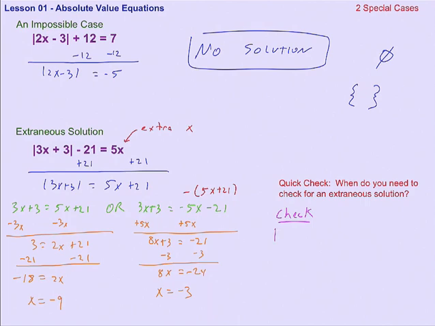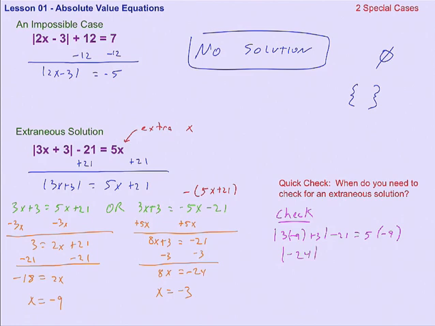Is the absolute value of 3 times negative 9 plus 3 minus 21 really equal to 5 times the absolute value of negative 9? Well, we can do the math here. The absolute value of 3 times negative 9 is negative 27, plus 3 is negative 24.